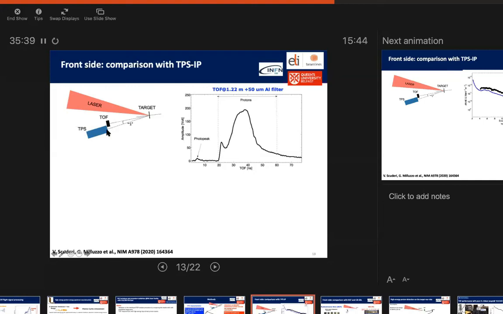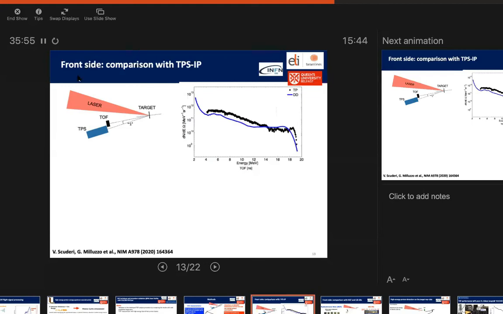And so basically the time of flight and the Thomson parabola were looking at the same beam. So we could compare directly the energy spectrum from time of flight and the energy spectrum from the TPS. And this was the comparison. The blue line is the detector and the TP is the black line.